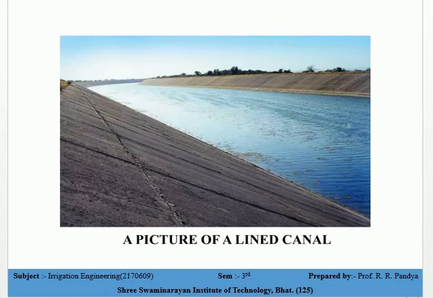There is no percolation of water. There are some advantages and disadvantages of lining. We can learn them briefly in further videos. In the next lecture we can cover the lining in detail.